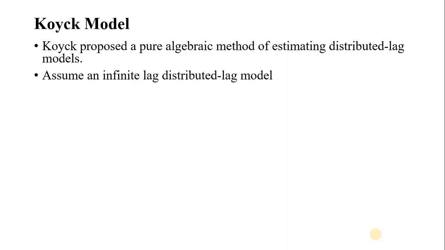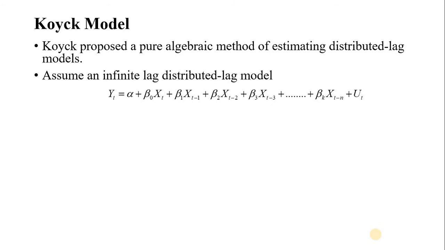Here also you assume an infinite lag distributed model like yt equals alpha plus beta 0 xt plus beta 1 xt minus 1 plus beta 2 xt minus 2 plus beta 3 xt minus 3, up to beta k xt minus k, plus ut.